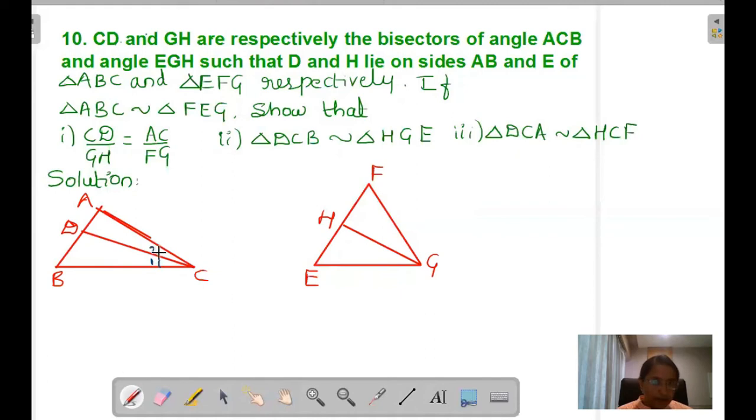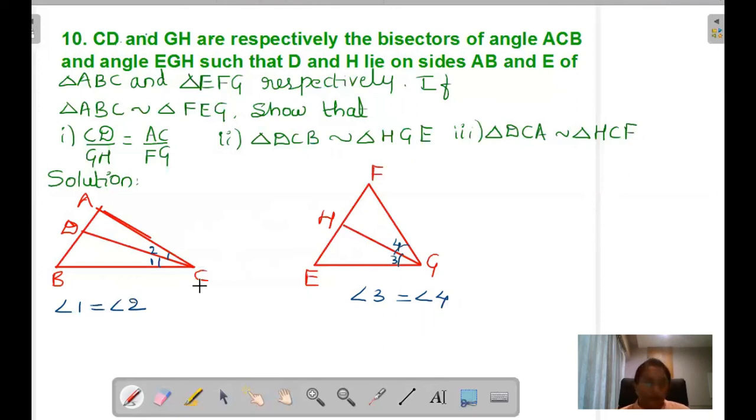I'll take this as 2, and this one as 3, and this one as 4. So as CD is a bisector of angle ACB, then angle 1 is equal to angle 2, remember. And here angle 3 is equal to angle 4. Bisector means it divides the angle into two equal parts.